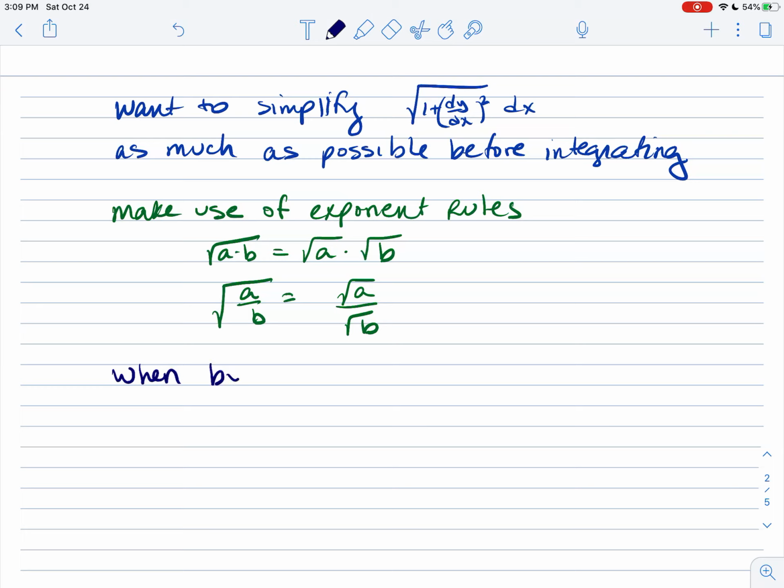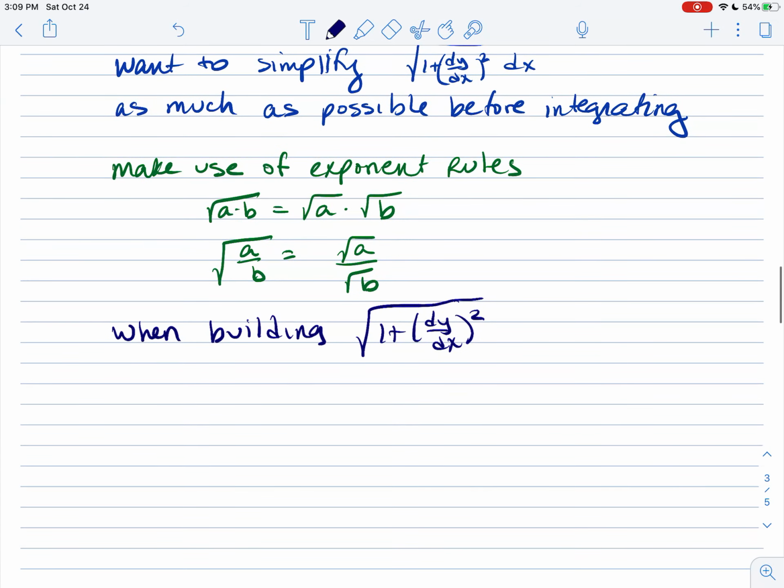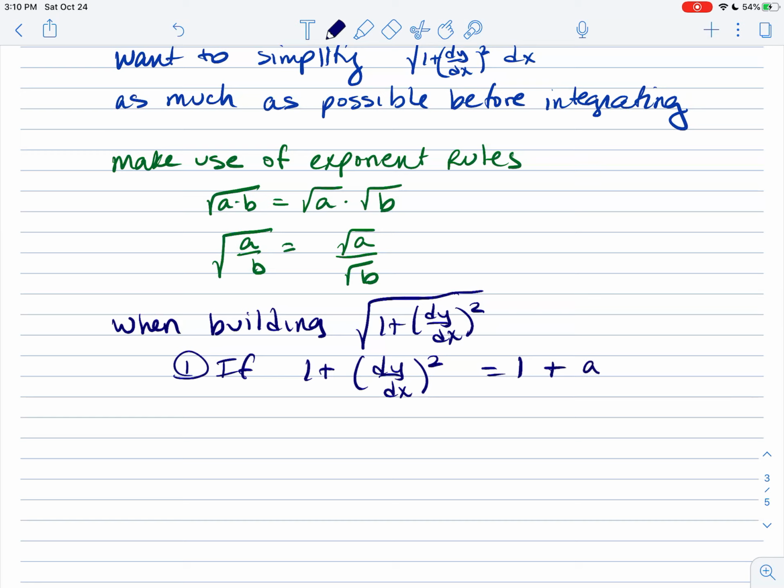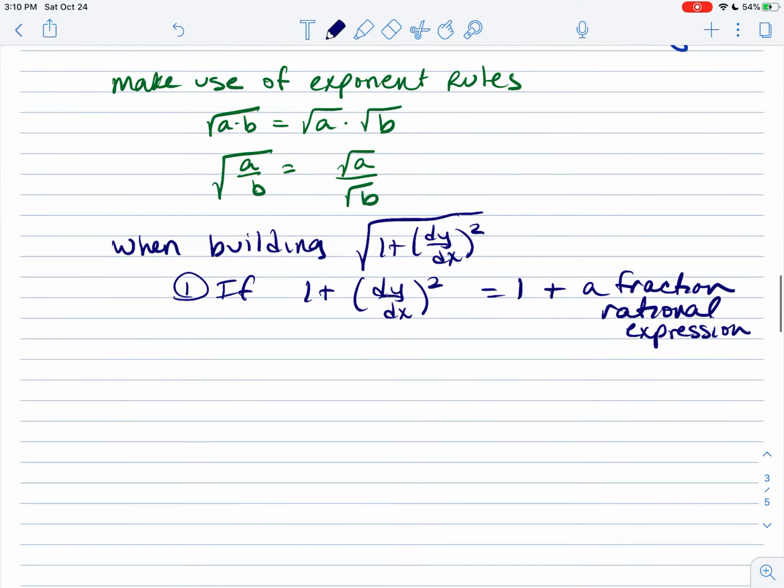So when building the square root of 1 plus dy dx squared, if 1 plus dy dx squared at this moment is equal to 1 plus a fraction, or 1 plus a rational expression, or even a radical expression, because sometimes you've got functions like square root of x that would give you a radical expression.